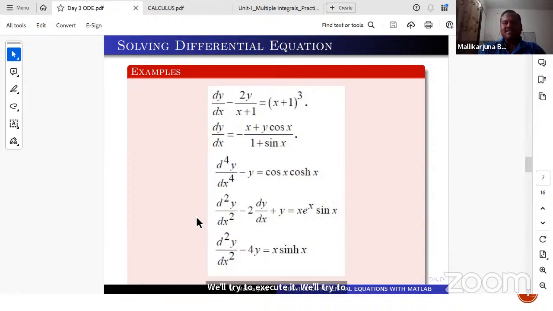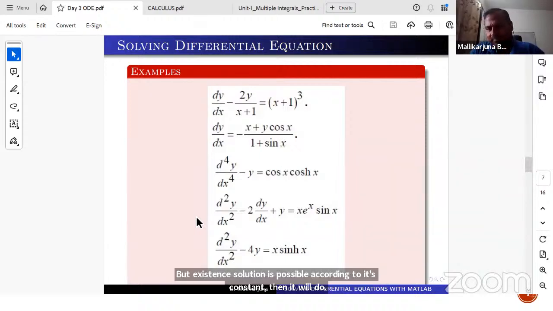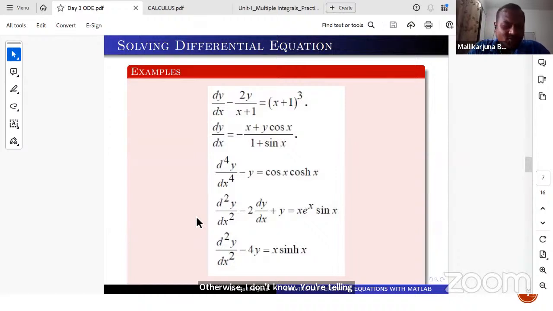But existence of a solution is possible according to the Lipschitz constant, then it will give. Otherwise, I don't know. You are telling F triple prime, maybe it is the equation of Blasius, the Navier-Stokes equations.